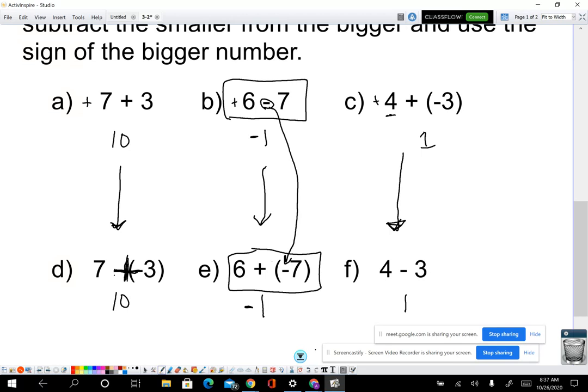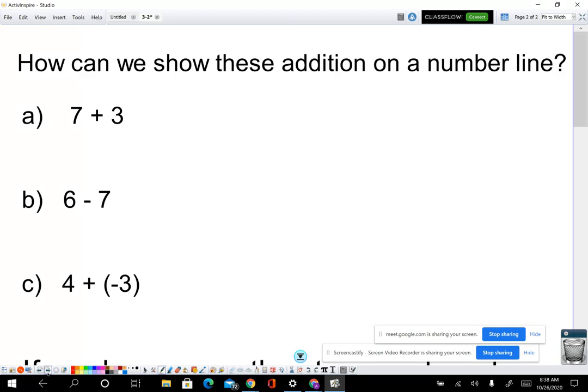And that's because subtraction is the same as adding the opposite. So this subtraction sign right here is the same as adding the opposite of 7, which is -7. We want to get to the point where we recognize that there's not a difference between the operation and the sign.